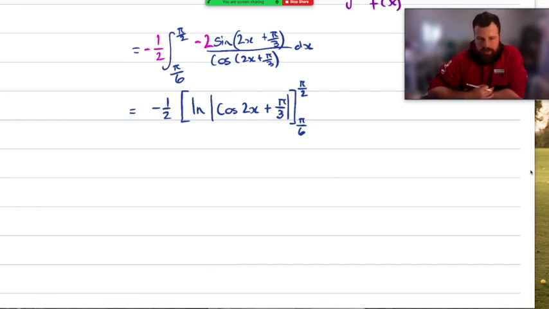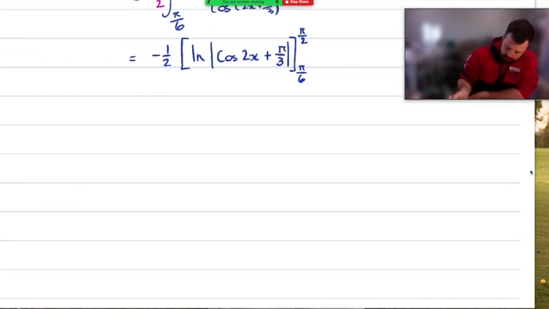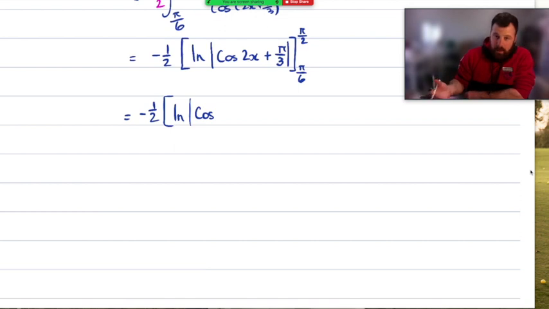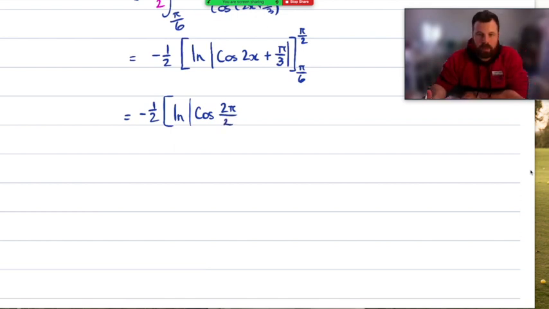Let's go through and evaluate this. So it is going to equal negative a half outside of ln the absolute value of cos of 2 pi over 2, because 2 times pi over 2 is 2 pi over 2, which just becomes pi.